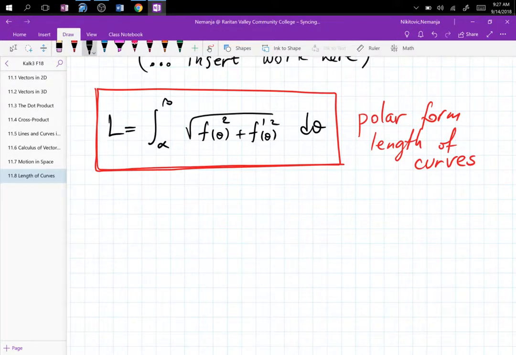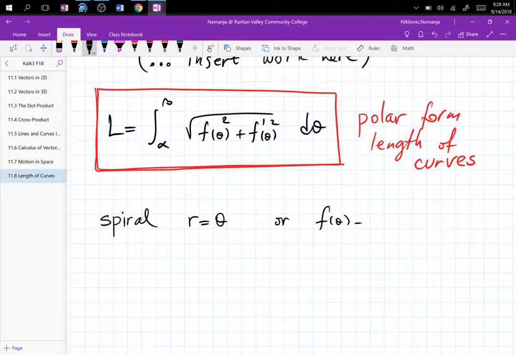You can calculate the length of the spiral by plugging in stuff into the formula. So this is done in a book. I don't want to do the whole thing because you can read it there. So spiral is r equals theta, or you can call it f of theta equals theta.